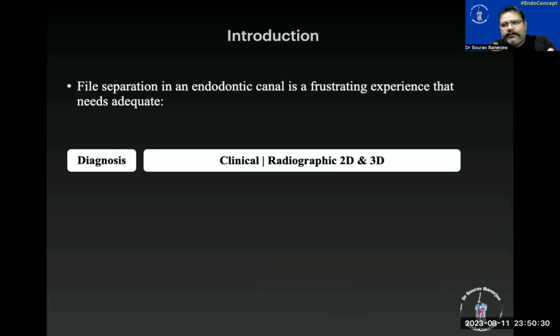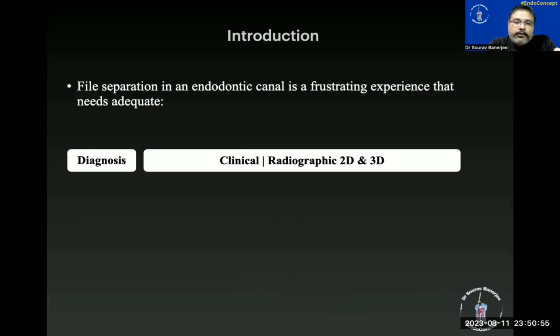Whenever a file fractures, the first thing that we should do is the clinical examination. At what stage of canal preparation did the file separate, what was the size of the file, what was the length of the file, at what depth, and in which canal did the file separate?